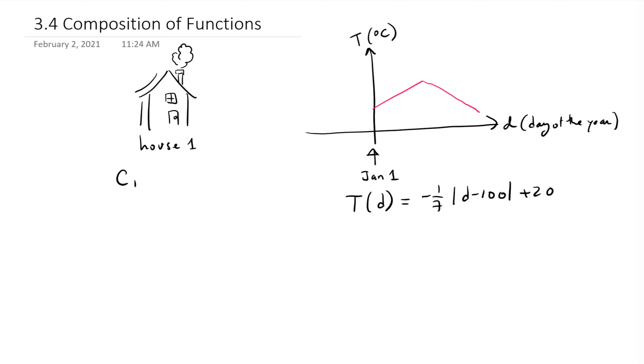Remember, we know our function C1 of T, which is the cost per day for heating house number 1.